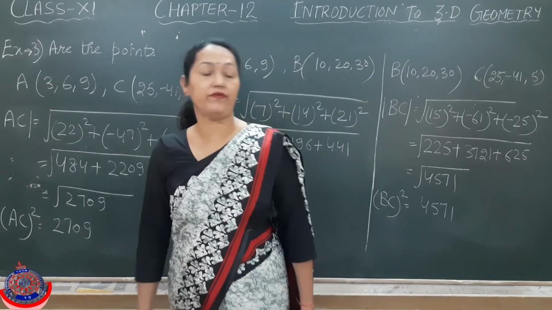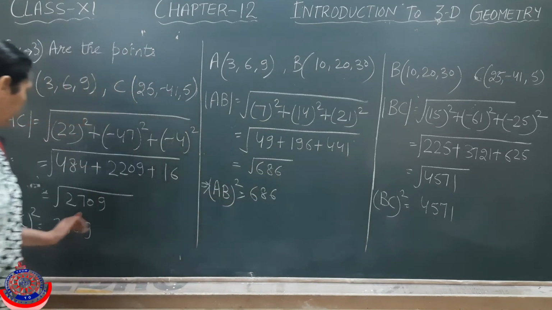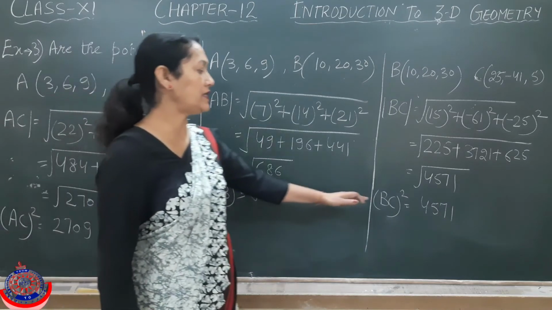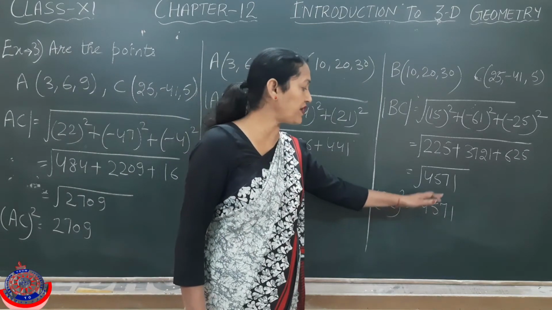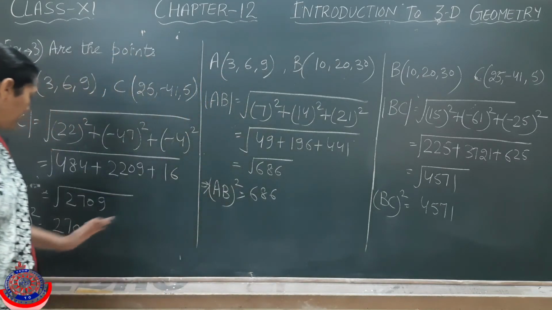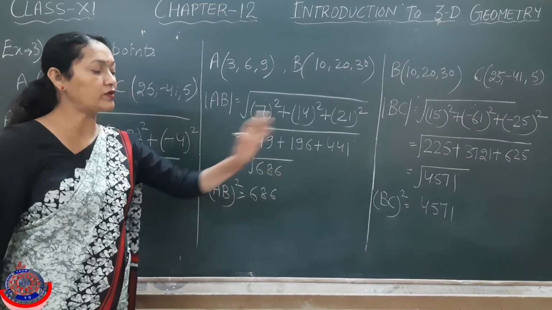Now what we have got? We have got AB square as 686, AC square as 2709, and BC square is the highest value, that is 4571. So if we add AB square and AC square, this addition should be equal to BC square.